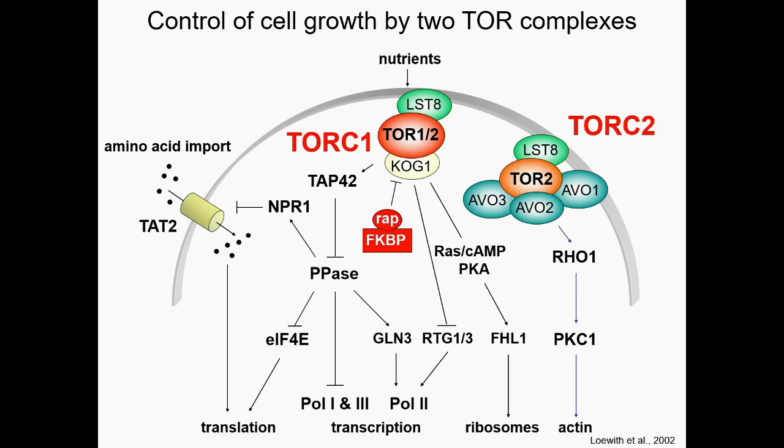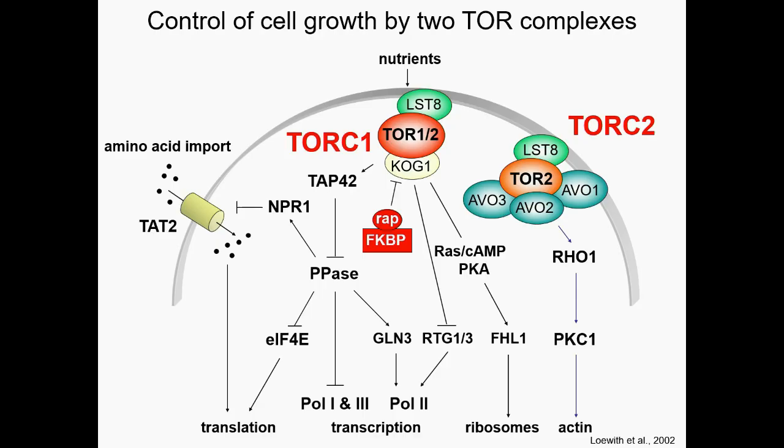So this was a major advance for us because it told us that TOR is in fact two structurally and functionally distinct kinases. And this different function and structure is determined by the nature of the two complexes, which other proteins TOR interacts with. It also explained the diversity of TOR signaling, the specificity of TOR signaling, why TOR2 can signal through both branches, because TOR2 can assemble into both complexes.